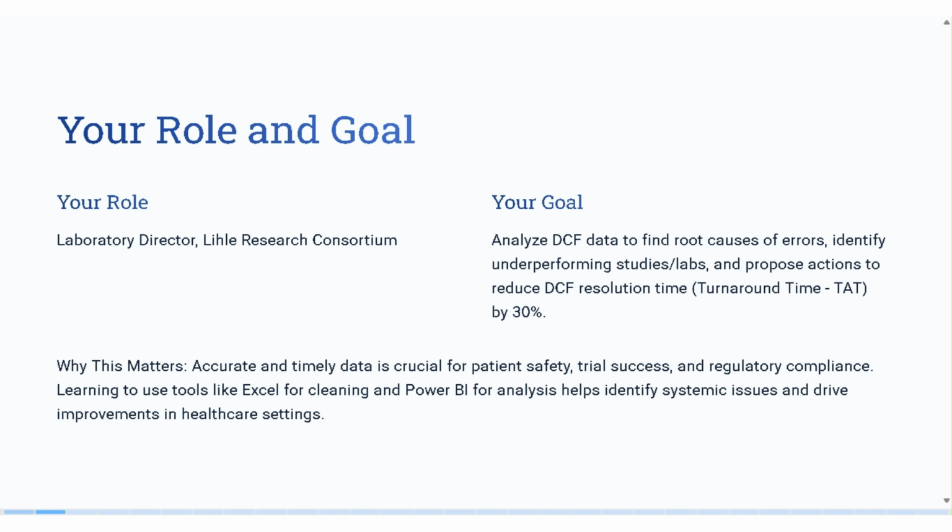Your goal is to analyze this data to identify root causes of these errors and delays, pinpoint specific problem areas, are certain studies or particular reference labs struggling more than others, and then propose concrete data-driven actions to improve performance. Ultimately, aim to reduce the overall DCF turnaround time by 30% within the next 6 months.